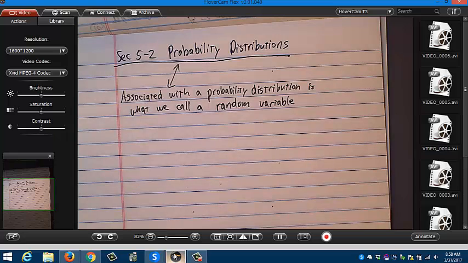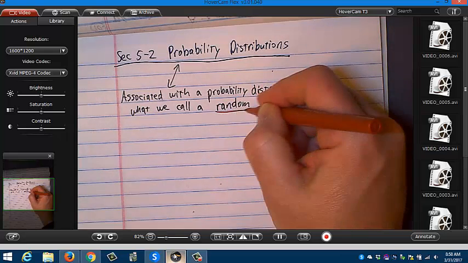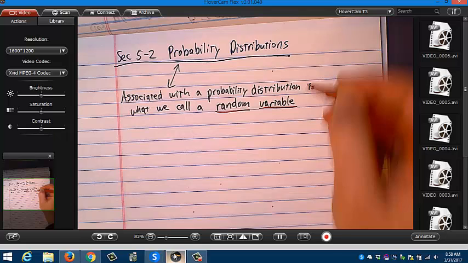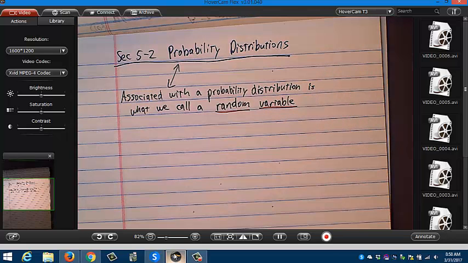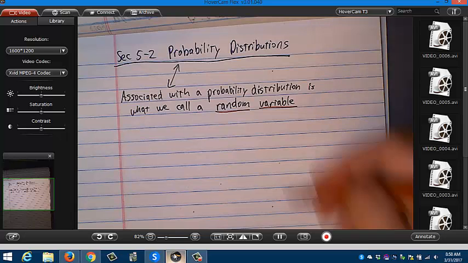I want to underline that because that's a new word for us. I think I may have used it once in the course already, but I want to say exactly what I mean by it.